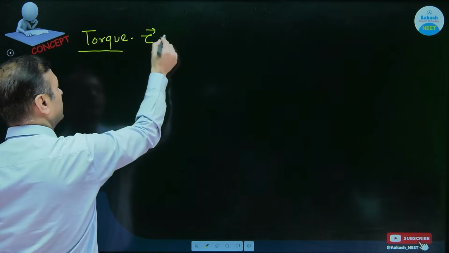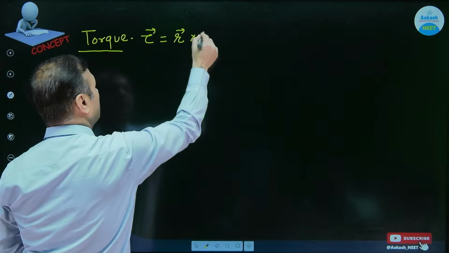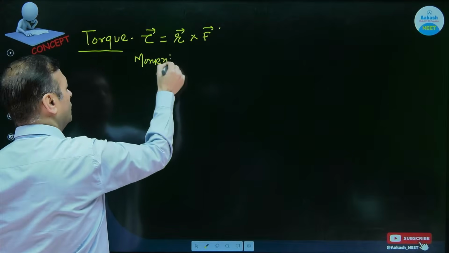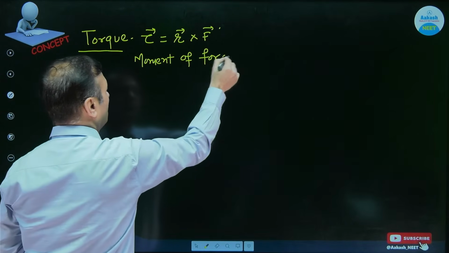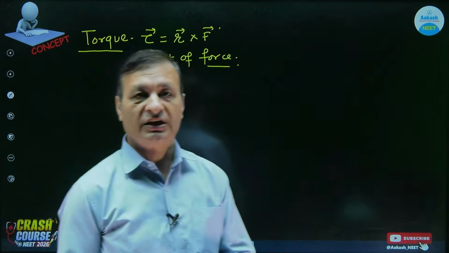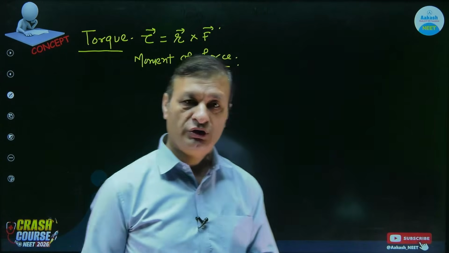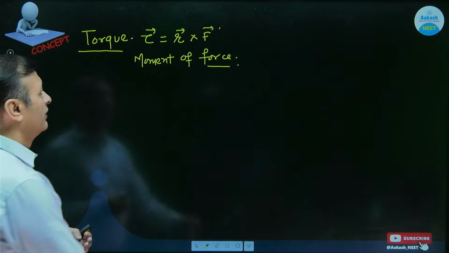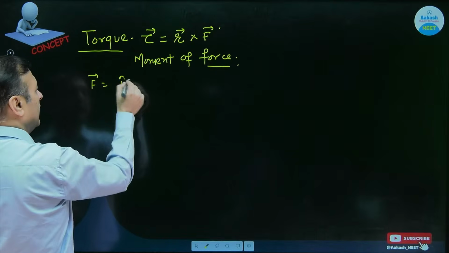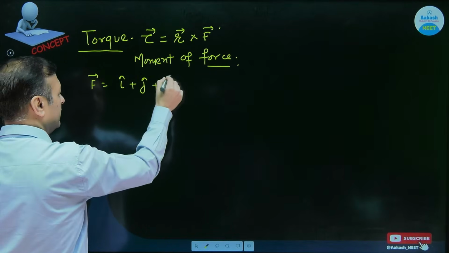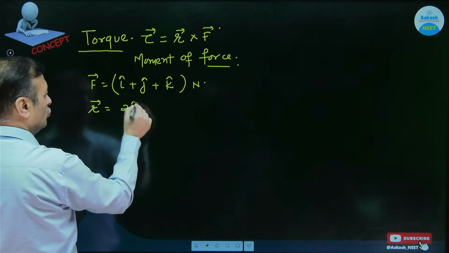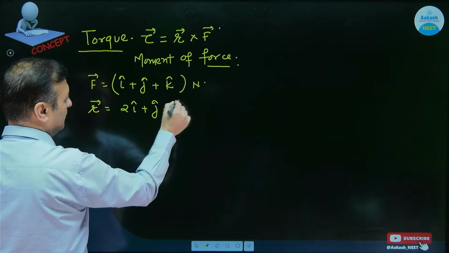Torque is written as R cross F. That means moment of force is known as torque, and torque is basically what brings a particle into rotational motion about its fixed axis of rotation under an applied force F. Suppose I apply a force of i cap plus j cap plus k cap Newton, and its position vector is 2i cap plus j cap minus k cap.